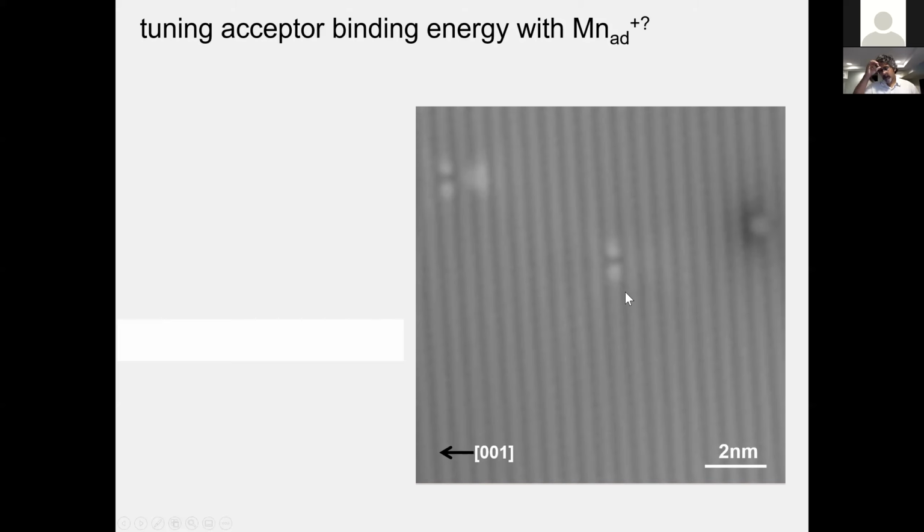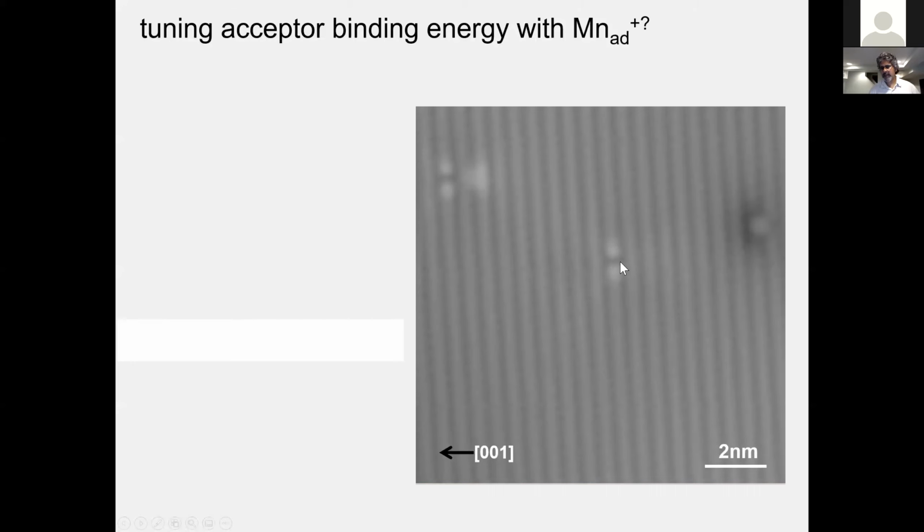The third capability of STM that I didn't have in my schematics is that we can measure the energy states of atoms or molecules, and we call that spectroscopy. In this series of experiments, we measured the energy states of this manganese atom as a function of distance to this other manganese atom that's on top of the surface.